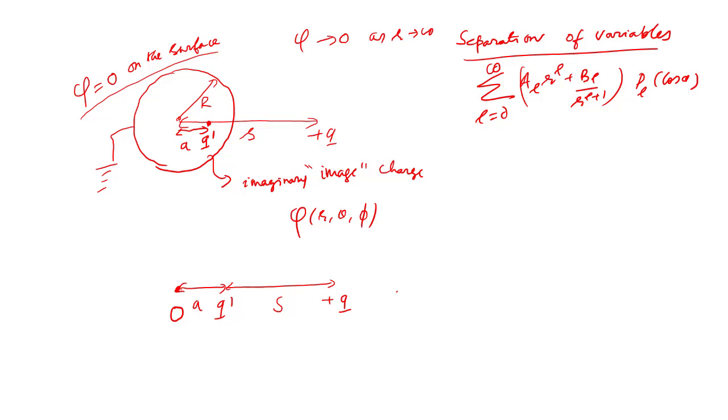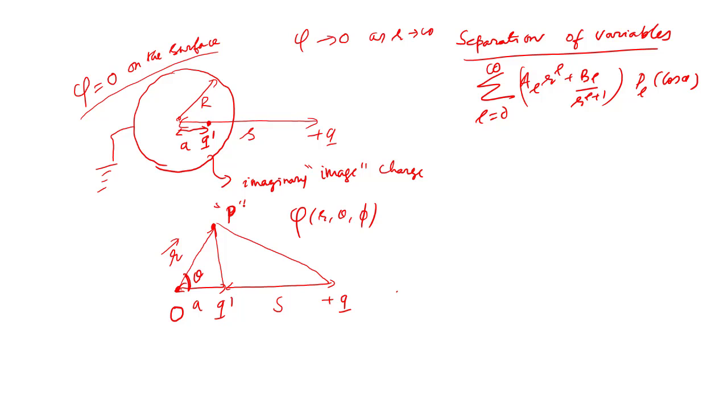And if I am interested in finding out the potential at this point, at point P, then from the origin to that point P is the vector r, right? And I can connect this, and I can connect this as well. And then I'm going to call this angle theta. That is the angle at which the point P that we are interested in is.